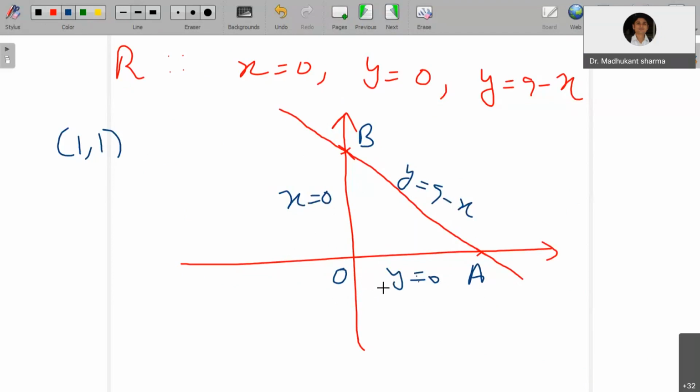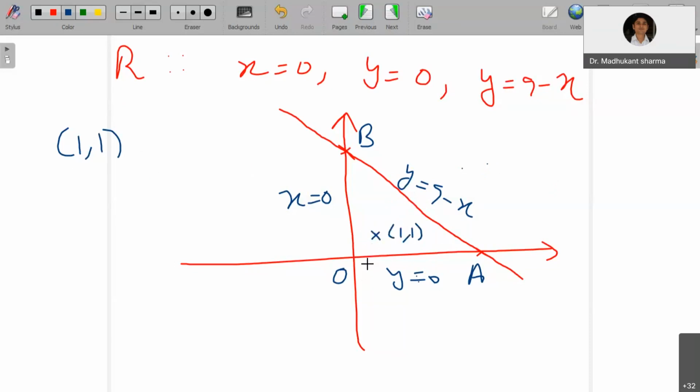Now, you have to verify whether (1, 1) lies inside this region or outside. If it is outside, we don't bother. That point will not be part of that list. But here the point is somewhere inside.